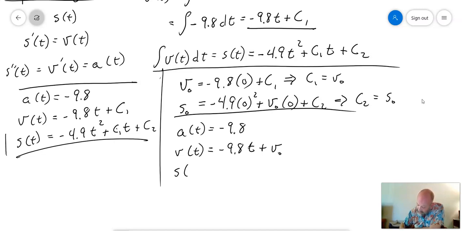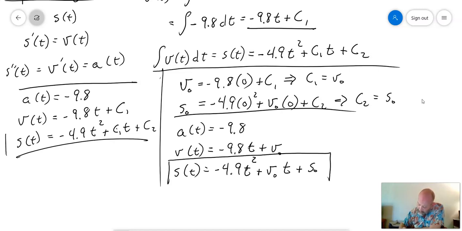And our position, so we can locate this at any time, is negative 4.9 t squared plus v naught t plus, c2 was s naught, so this is plus s naught. And so this actually is the equation they usually have you memorize. But you notice, if you know a little calculus, you only need to know one of those formulas, and everything else comes out on its own. So it's actually quite nice to work with it this way. It's one of the reasons I think taking physics after taking calculus or while you're taking calculus actually makes a huge difference in your understanding of the physics.